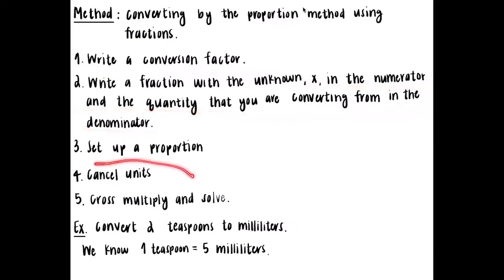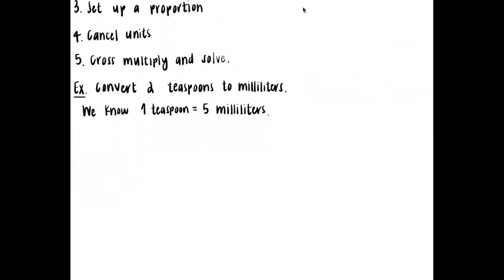And then we want to set up a proportion, so that proportion will be one side will be the conversion factor. So that's just the equivalent measurement between them. And then on the other side of the proportion, we're going to set up a fraction with the unknown quantity and then what's given. And then we want to cancel out the units that we don't need, cross multiply and solve.